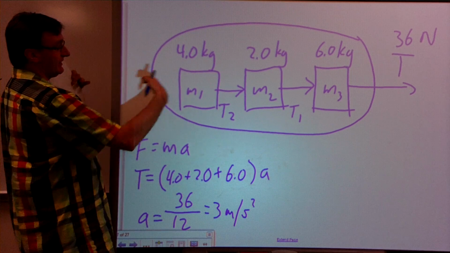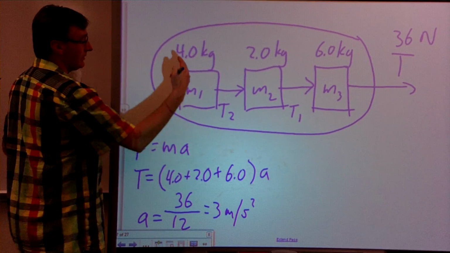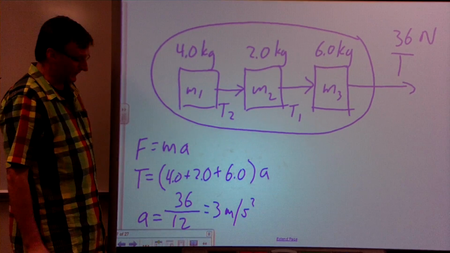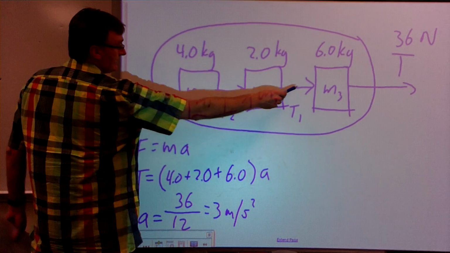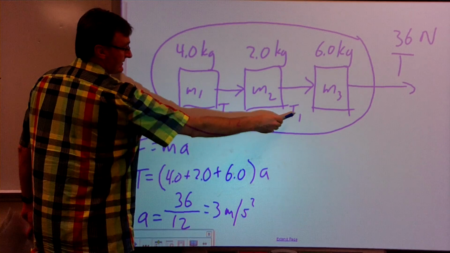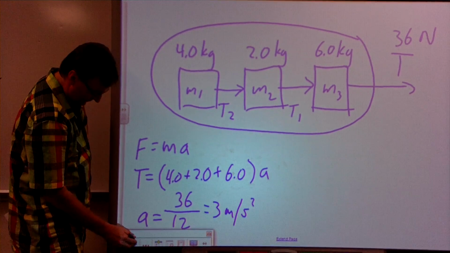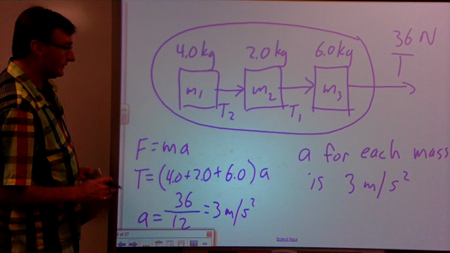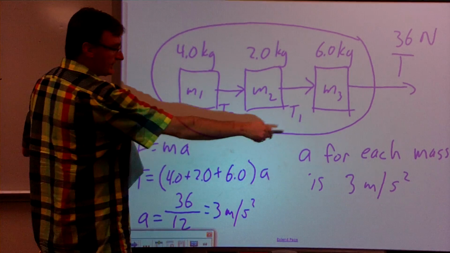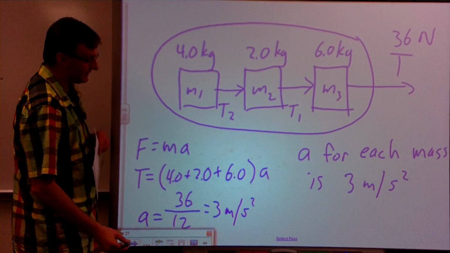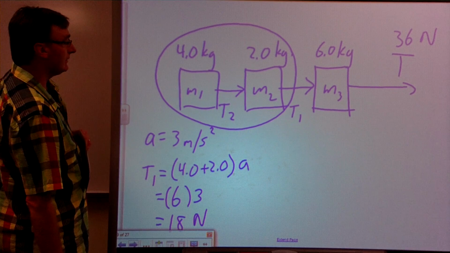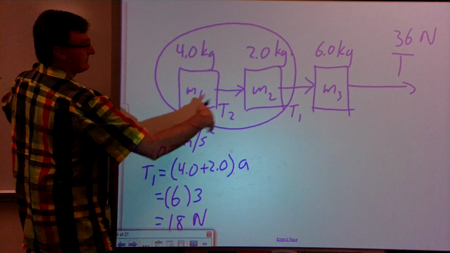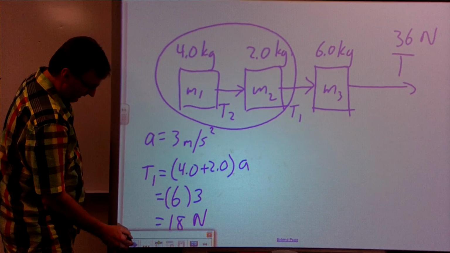Now we have the acceleration of the system, and that will also be the acceleration of each of the masses. So now we can find the tension in the strings between the masses, in other words, T1 and T2. If the acceleration for each mass is 3 meters per second squared, then we can look at this subsystem in order to find T1.